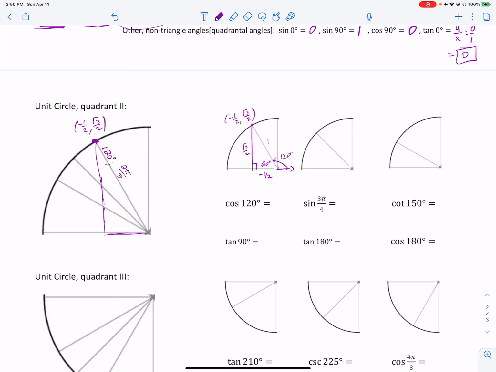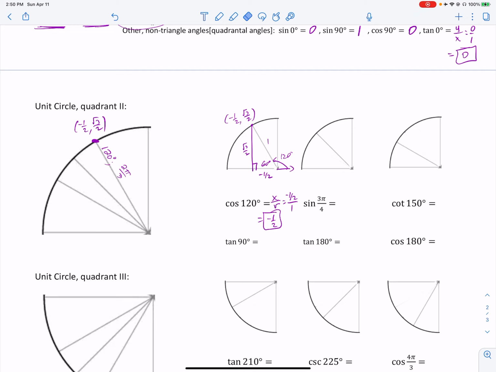And so the cosine of 120 degrees is your x over r, which is negative 1/2 over 1. It is just going to be negative 1/2. It is the x-coordinate of the point at 120 degrees on the unit circle. And then we could do the other 6 trig functions, but that's a little start on that one.